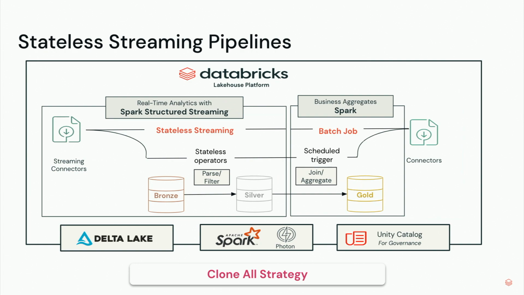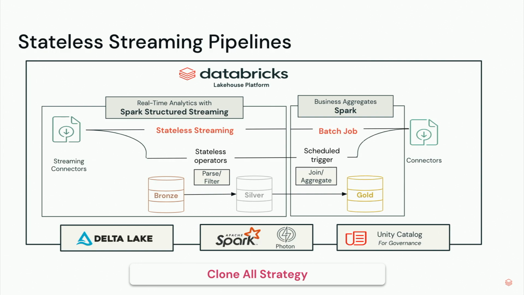Here, you are doing streaming until silver, but from silver to gold, you are running a batch job. It really depends on your application. Some use cases are okay with running a batch job between silver and gold, depending on the type of KPIs or aggregations that you do.